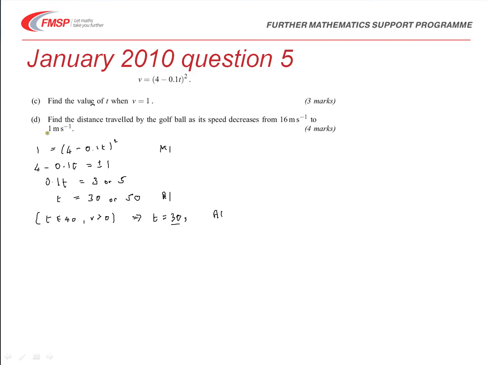Finally, in part D, we're being asked to find the distance travelled by the golf ball as its speed decreases from 16 to 1 metre per second. Well, 16 was the initial speed when t was equal to 0.